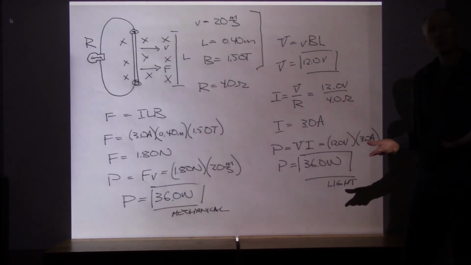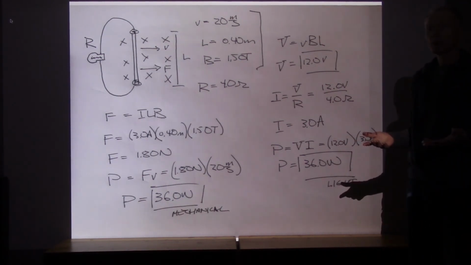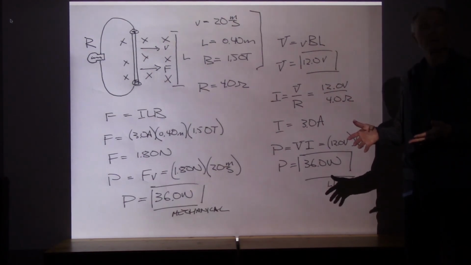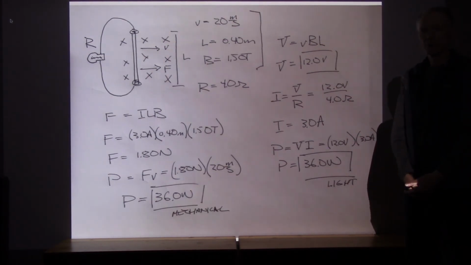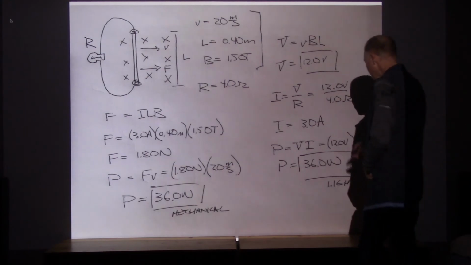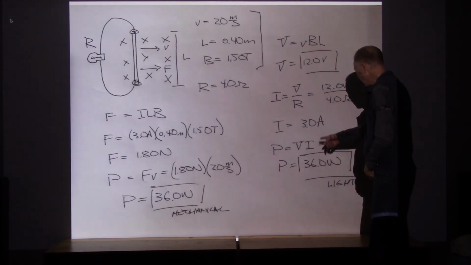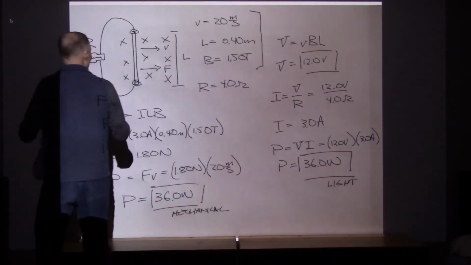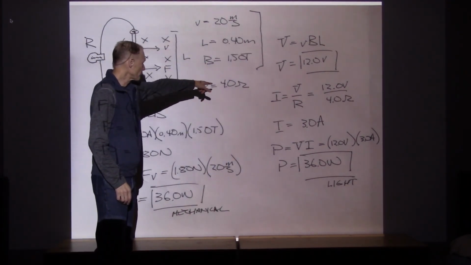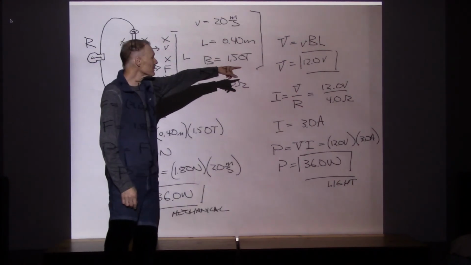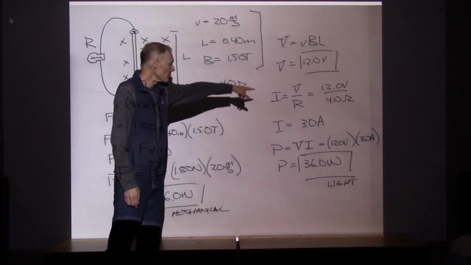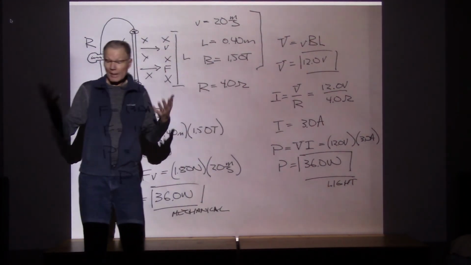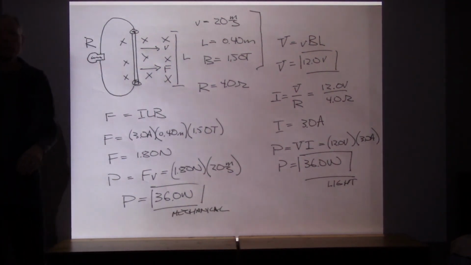That's how much electrical energy is being generated, or more specifically the rate at which electrical energy is being generated. So I have a light bulb that's 4 ohms, and because it's attached to a 12 volt battery, its brightness is going to be 36 watts.